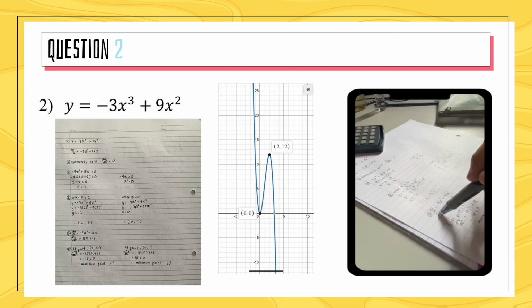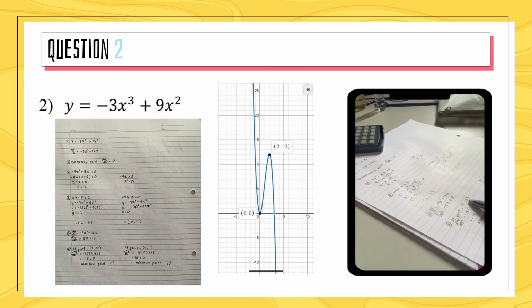So we write d power of 2 y over dx power of 2 equals negative 18x plus 18. We get this from 9 times 2 equals 18.